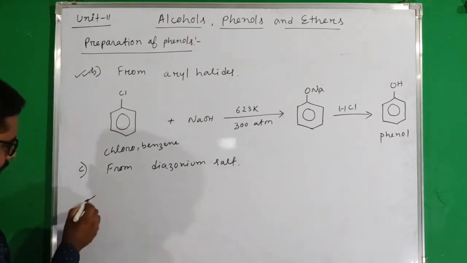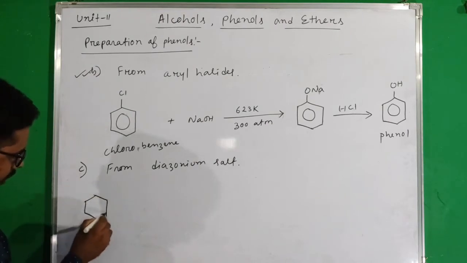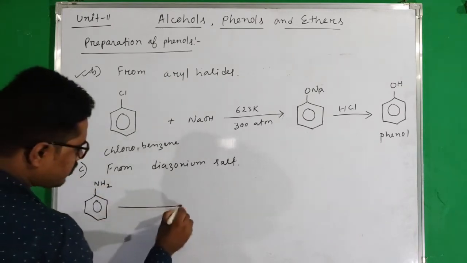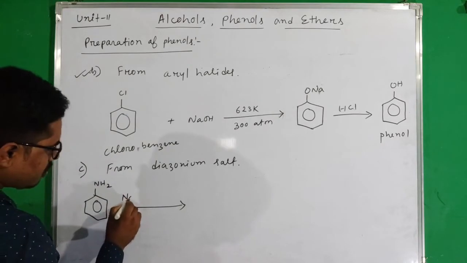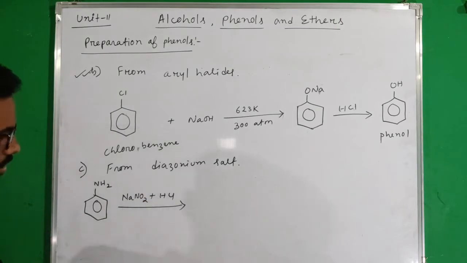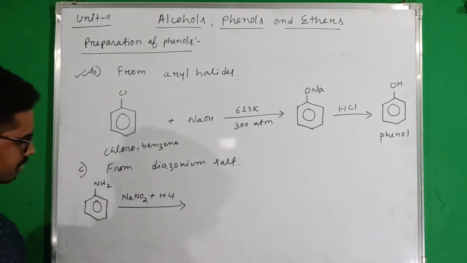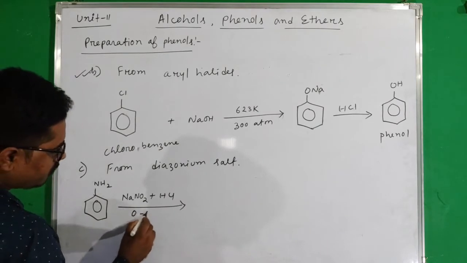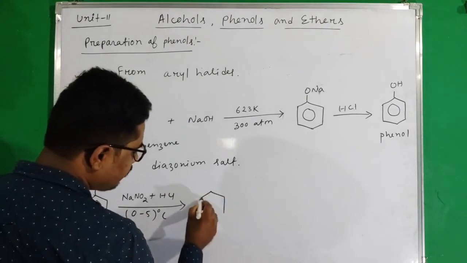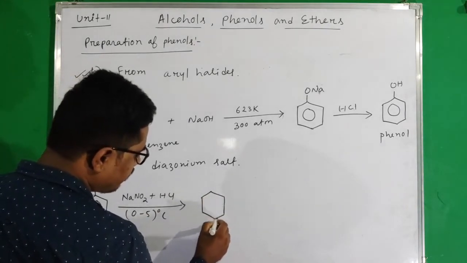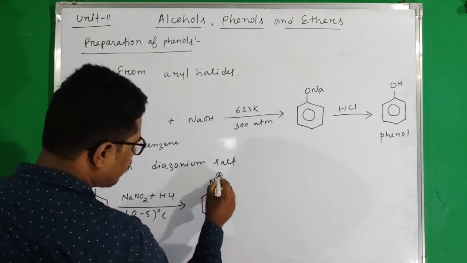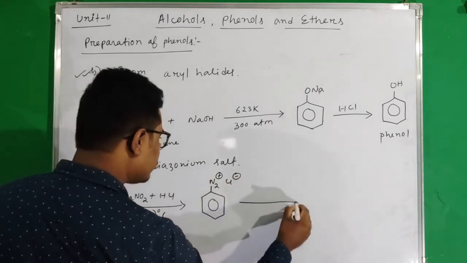So you already know that when aniline is treated with nitrous acid, the mixture of sodium nitrite and HCl is known as nitrous acid, at 0 to 5 degrees Celsius, then benzene diazonium salt is formed. This one is benzene diazonium salt.